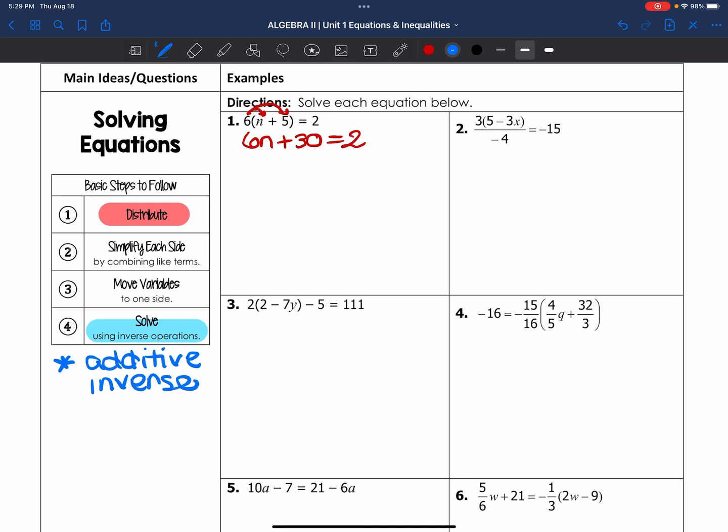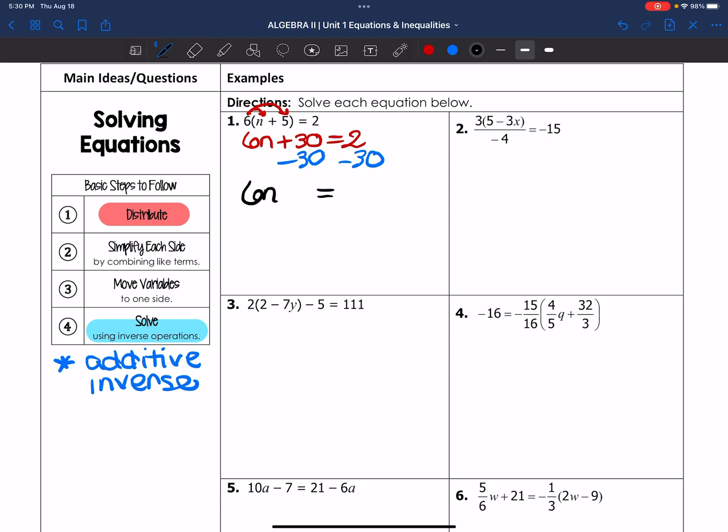So first we'll do our additive inverse, and that's going to be to identify what is the additive inverse of 30. It is a negative 30. And to maintain equality, whatever we do to one side, we must do to the other side. That, ladies and gentlemen, is going to give us 6n. That's a zero pair, so we no longer have that constant, and that is going to then be equal to a negative 28.